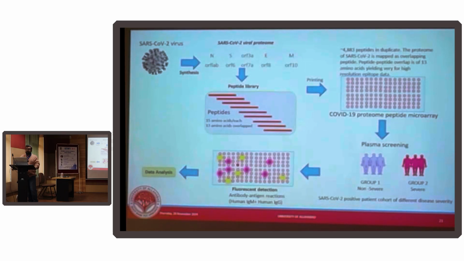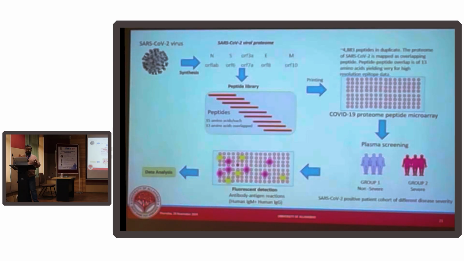You see, the first peptide was amino acids 1 to 15. The second was from 3 to 17. So there was a 13 amino acid overlap. Now you're creating a grid where each peptide has a 13 amino acid overlap.